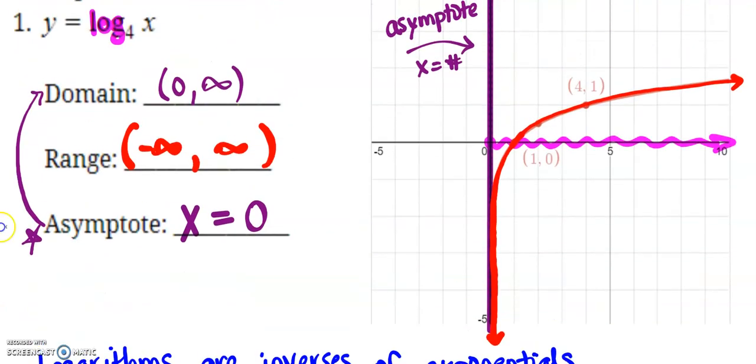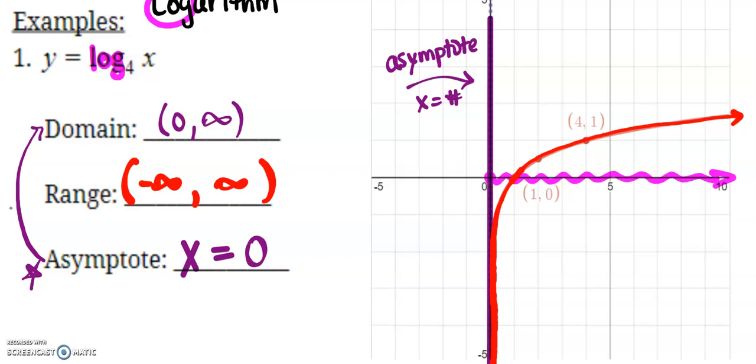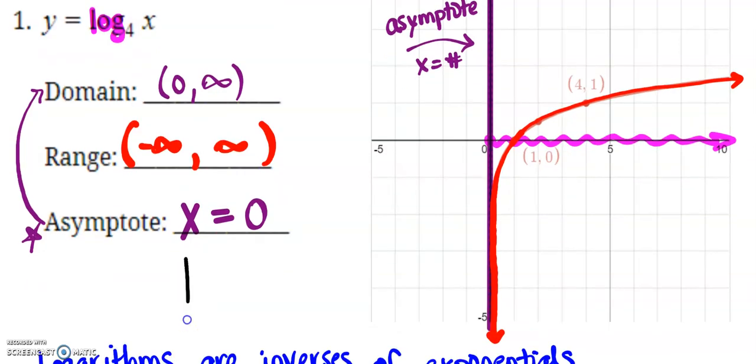Okay? And then I want to talk about a couple of other things, like how do I get these points? Okay, well, it can be kind of tricky to think about, but there's two easy values to calculate if we needed to make our own logarithm graph.